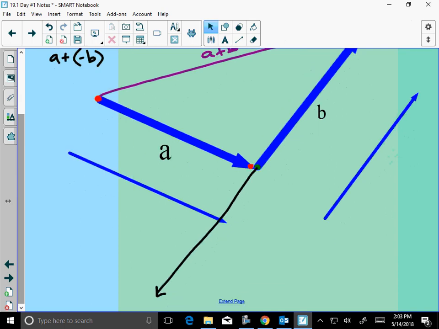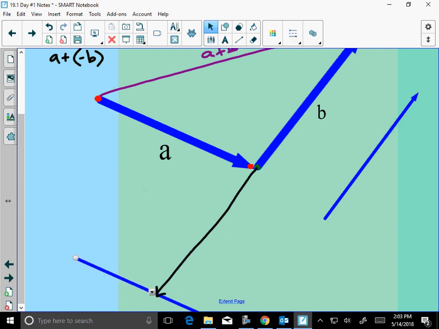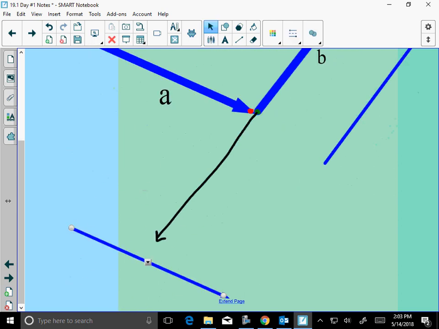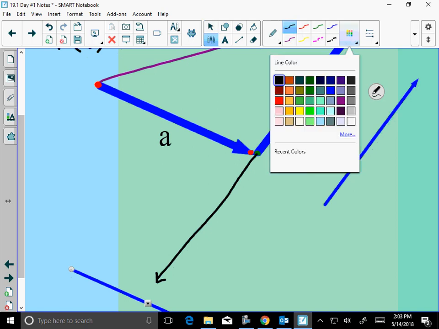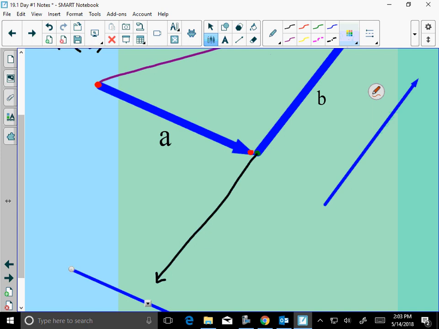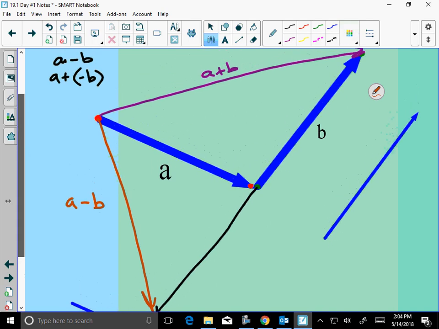And when I go from tip of the first to tail of the second, let me get this out of the way. This will be, let's go with something ugly, brick red here. That would be A minus B. Now, would A minus B and A plus B have the same magnitude?